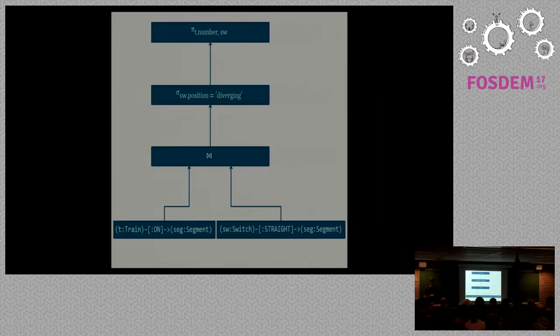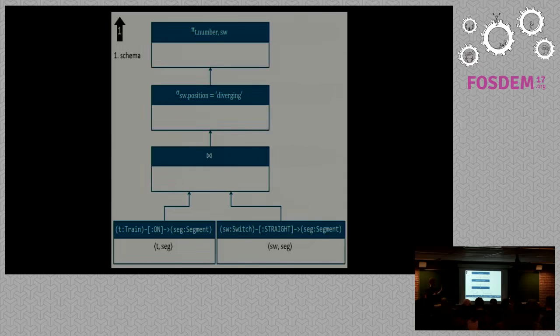So what we do is we build a Rete network first, and then run a three-step inferencing. First, we infer the schema of the operators. So we start with the schema of the indexers and then build up the tree.